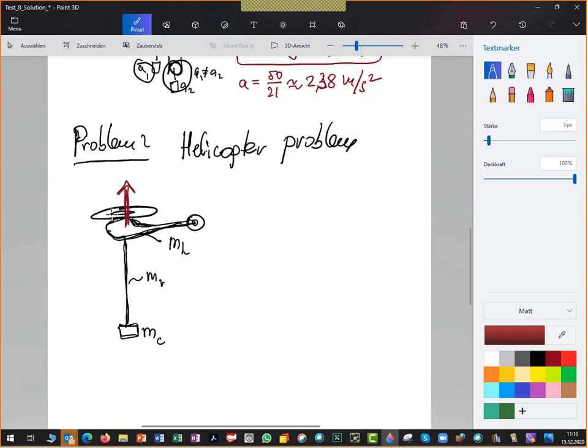Let's call it F lift. The question is to find the tension in the rope, assuming you know the lifting force, the mass of the helicopter, the mass of the rope, and the mass of the cargo.